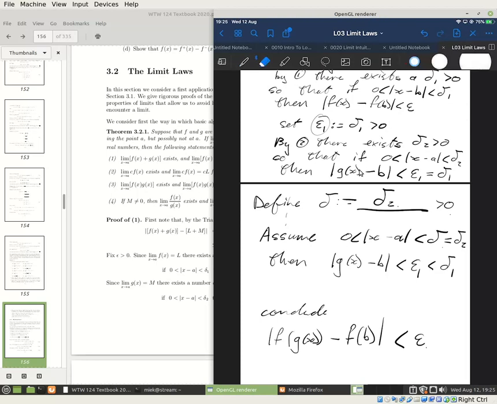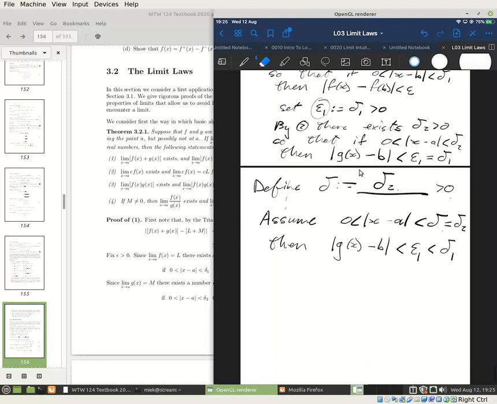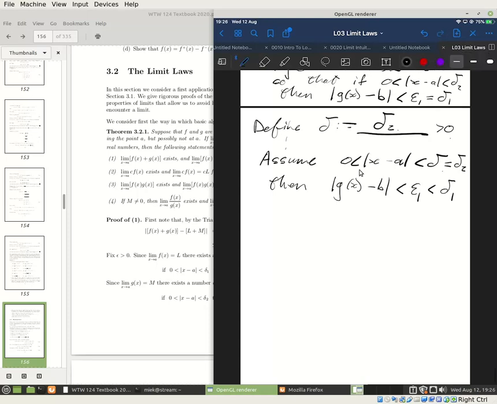Okay, but we know, so but if |y minus b| is less than epsilon 1, then |f of y minus f of b| is less than epsilon.